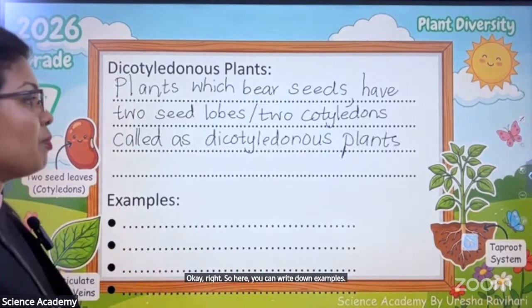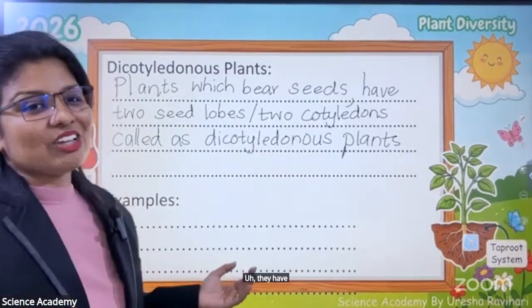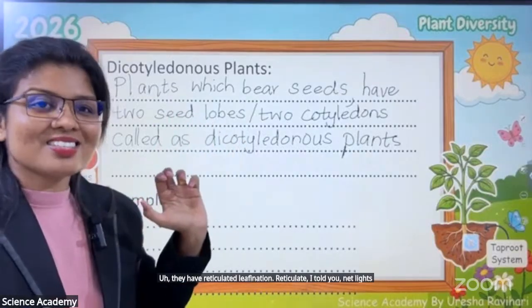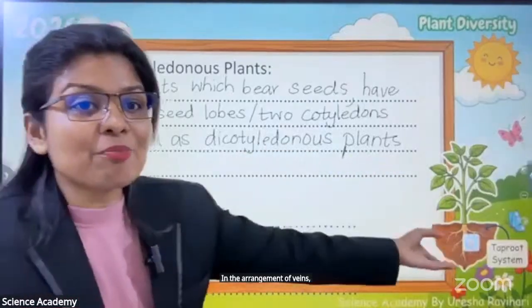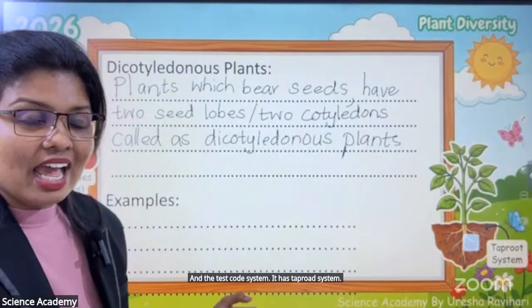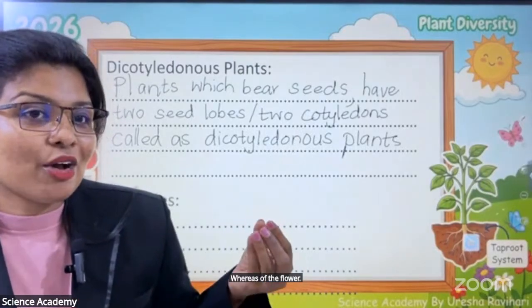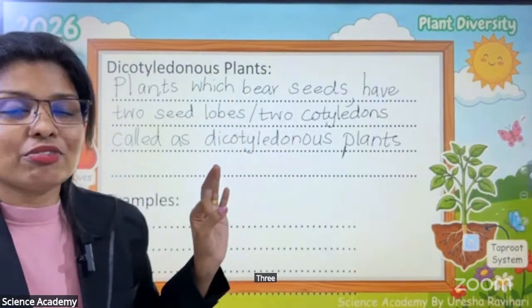Children, these examples have reticulate leaf venation. Reticulate, I told you, is a net-like structure in the arrangement of veins, and they have a taproot system. The petals of the flower are four or three petals in one flower.